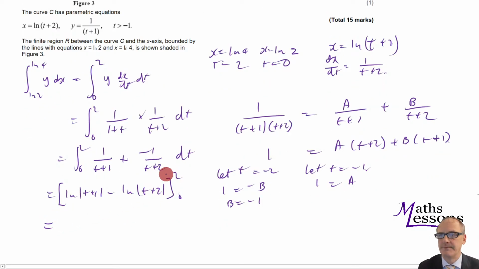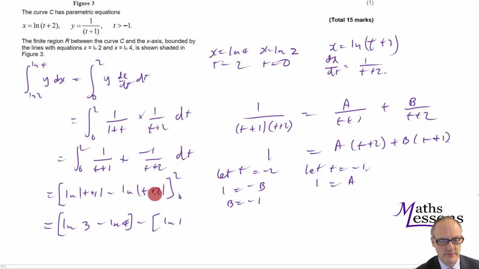That's for another time. So put 2 into this, we get natural log of 3 minus natural log of 4, minus, put 0 into this, we're going to get natural log of 1, and then we're going to get minus natural log of 2.